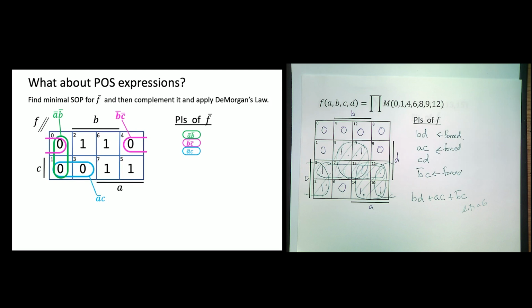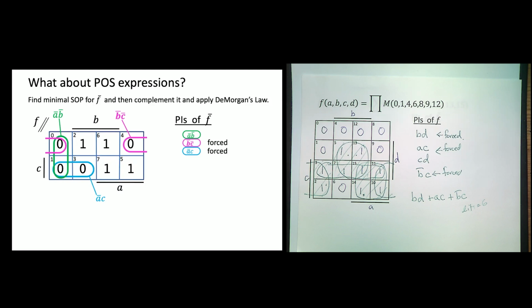Which ones are forced? Not B, not C. Okay. Not A, C. Okay. Basically the same two colors, right? The green one is not forced.